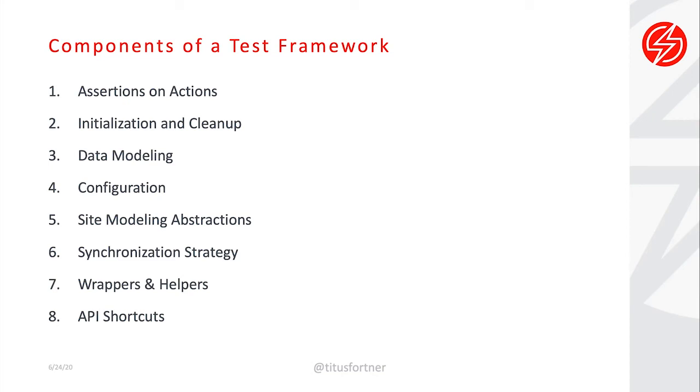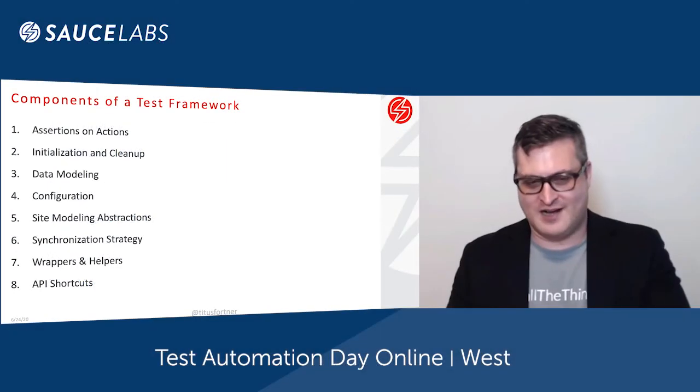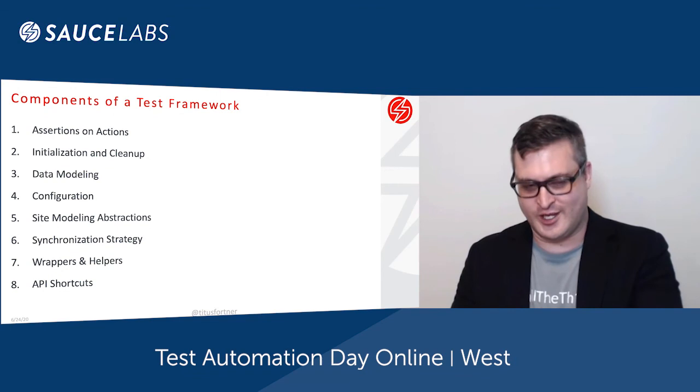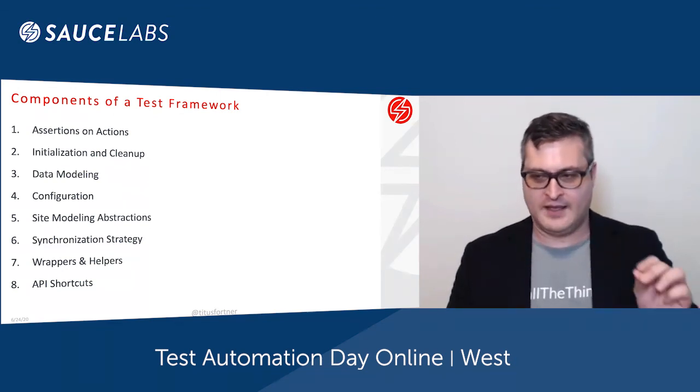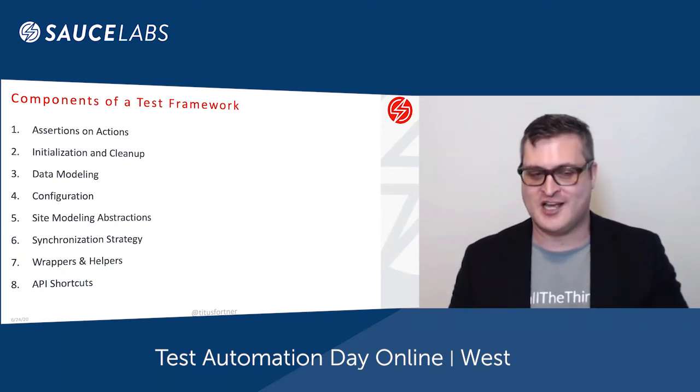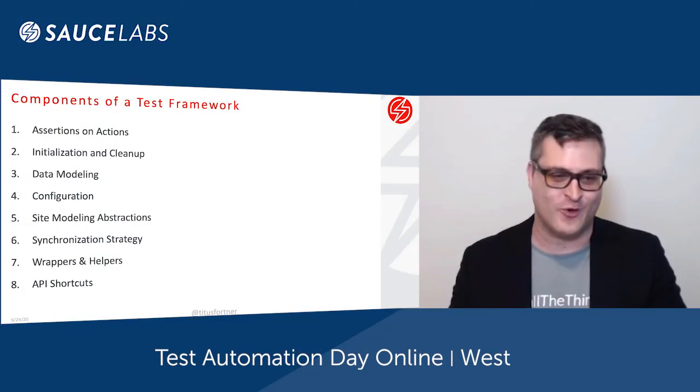And then API shortcuts. And just to touch on this, I see a lot of testers that don't know what APIs the developers have made accessible to the public. If you don't have to open a browser to test that a feature is working correctly, I strongly suggest you find ways to test it without going through the browser.